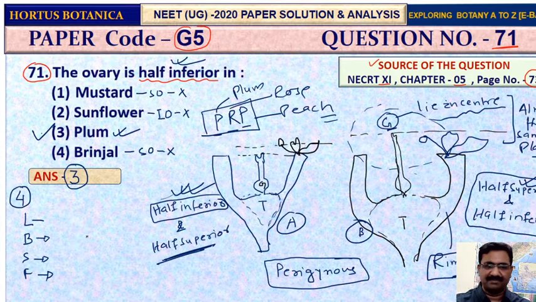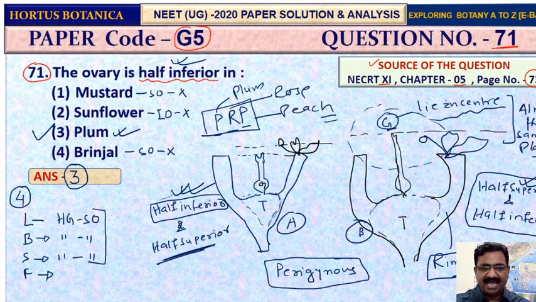So always remember, Liliaceae has hypogyny, means to say superior ovary. Brassicaceae, yes, again hypogyny, superior ovary. Solanaceae, hypogyny, superior ovary, means to say out of 4 we have 3 families with hypogyny as well as superior ovary.